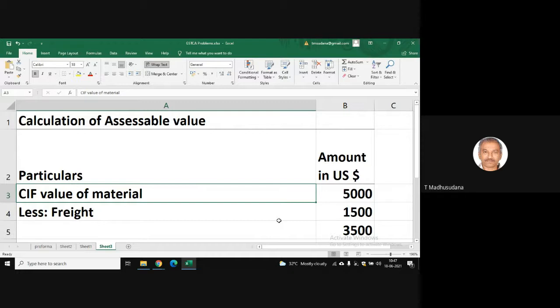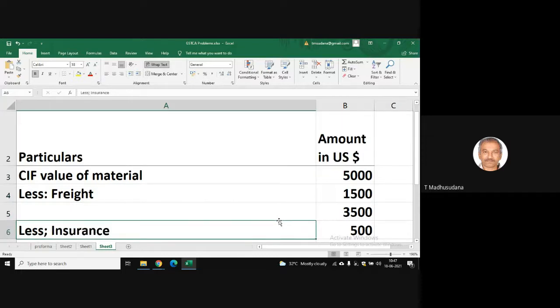Here the methodology is different. First we have to deduct the freight value from the CIF value of material, and insurance also we have to deduct, so as to find out the FOB value.